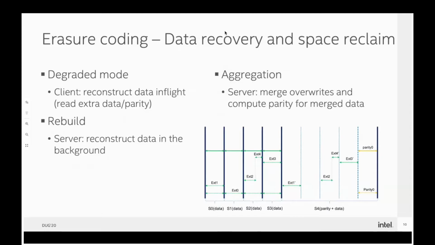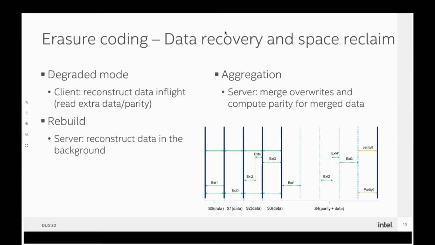The second is data target failure, so the EC object actually lost a piece of data, although it's still recoverable from the parity. When we say degraded mode, we only discuss data target failure, because losing a parity shard has no impact on read.